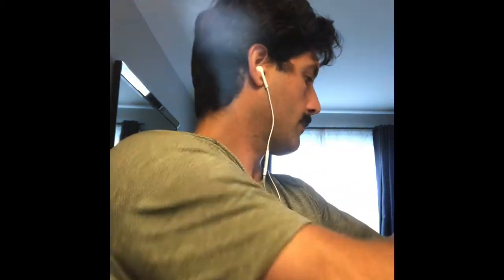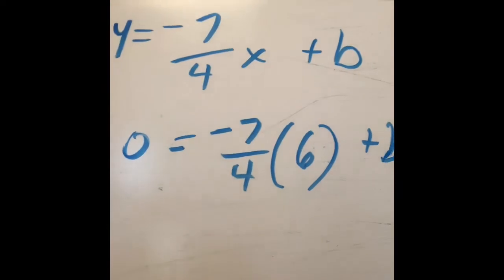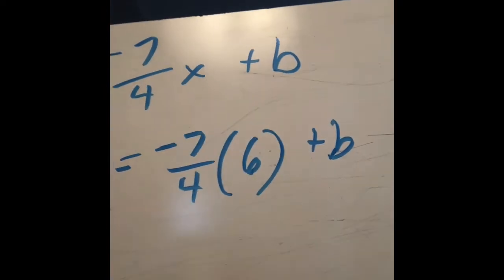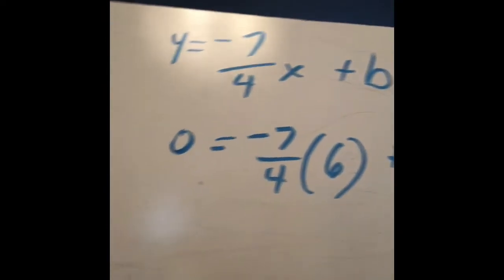So 0 equals negative 7 over 4 times 6 plus b. The 6, 0 is the x-intercept that you solved, and we need to figure out what this is going to turn into.